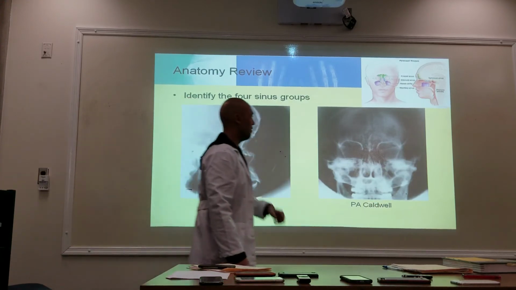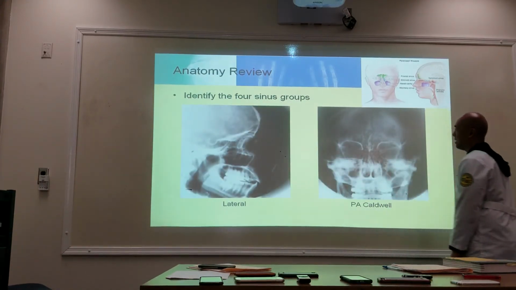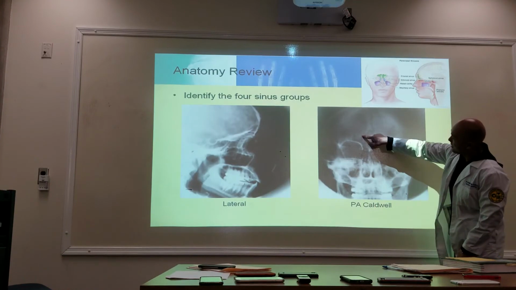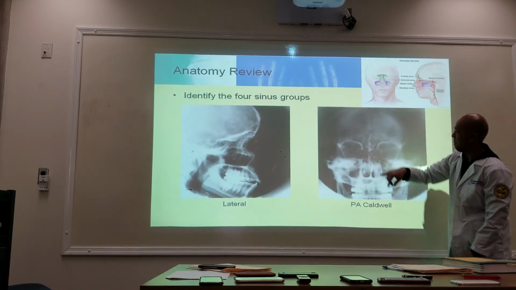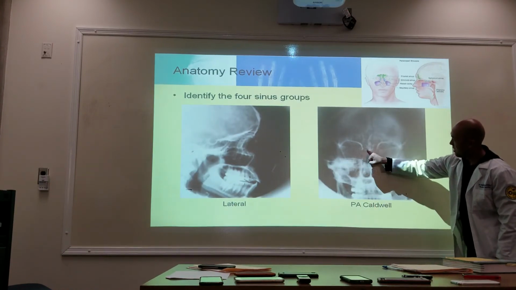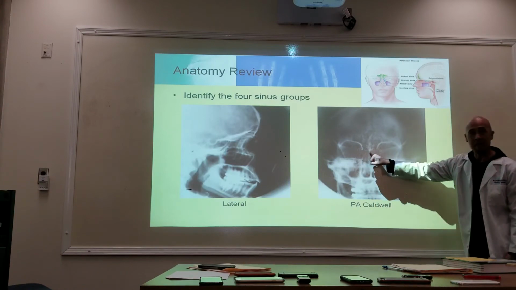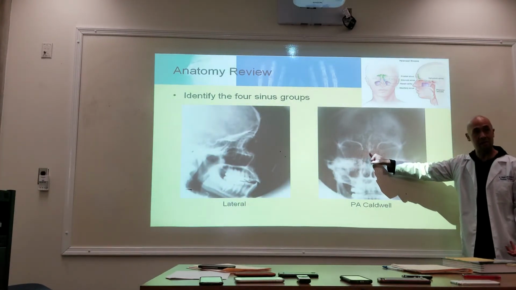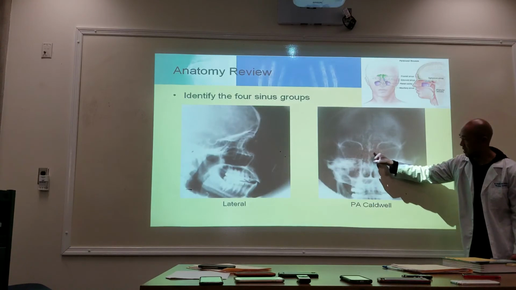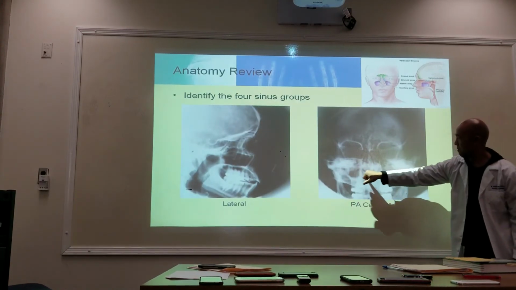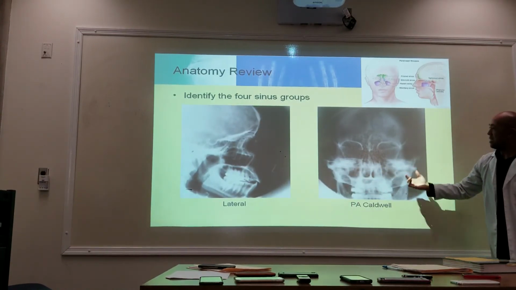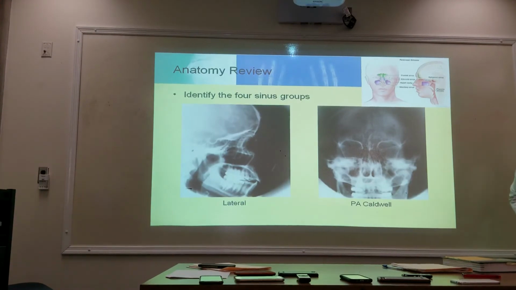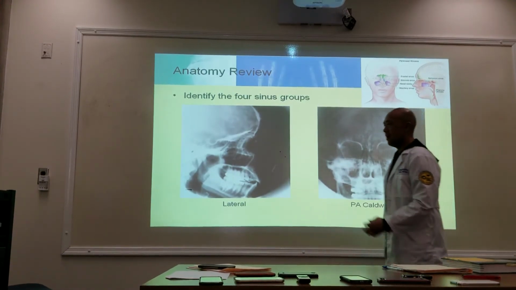Now if we go over here, the frontal sinuses are really faint, but you can see the outline. Here's your frontals. This dark area over here is going to be the ethmoid and the sphenoid in this area, and then you have both maxillaries. This is why this particular view isn't good for analysis.